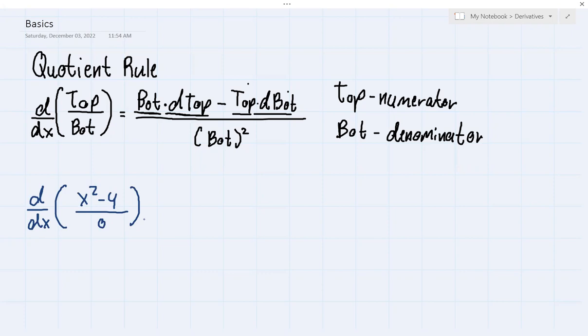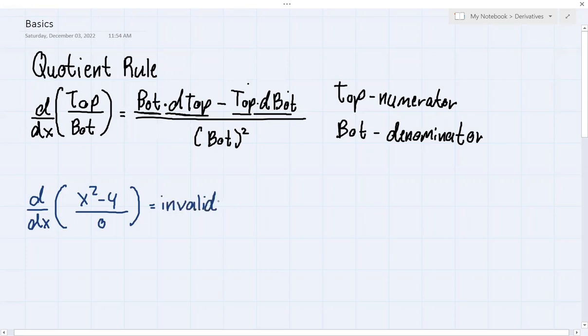The answer is no. Okay. Bakit? Invalid ang maging sagot mo rito. Or, to be specific, maging undefined. Bakit? Why would the result be undefined? Why?